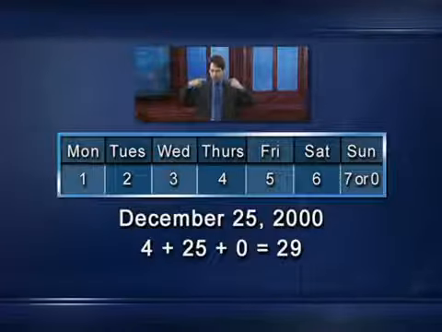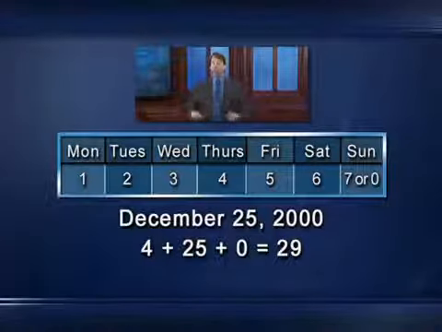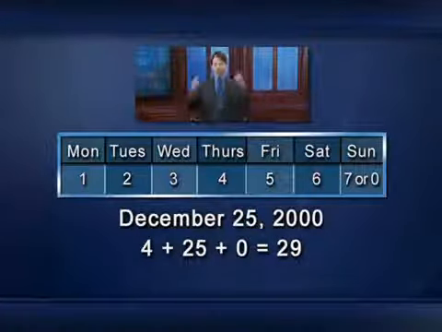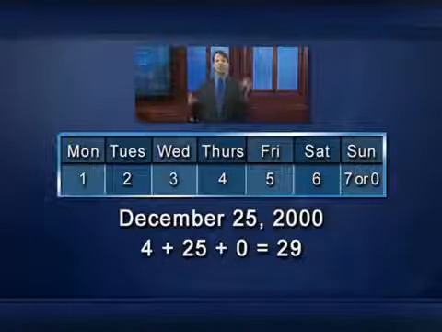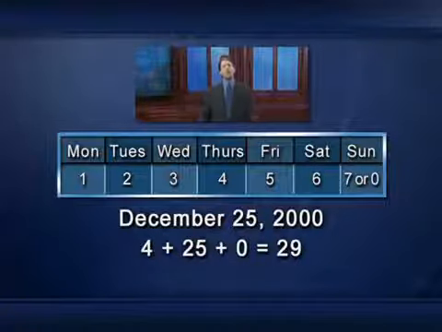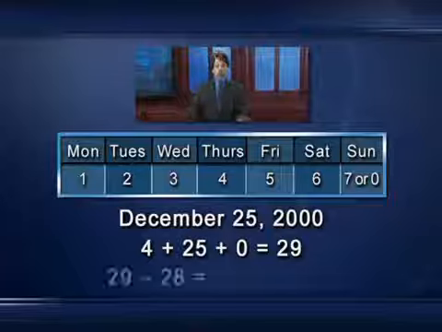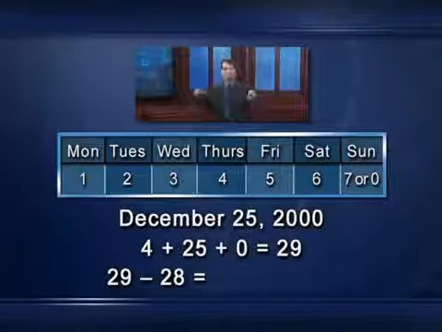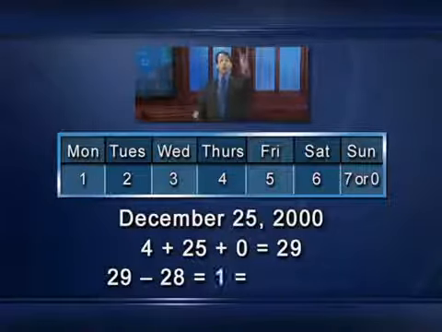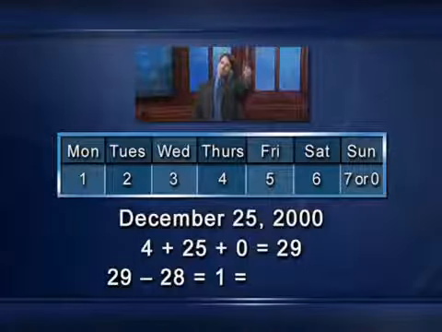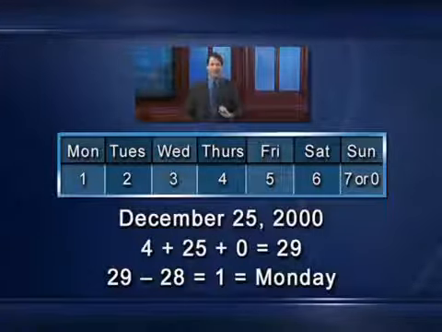Let's subtract the biggest multiple of 7 to make it smaller. Right? So what's the biggest multiple of 7 less than 29? That would be the number 28. Okay, so 29 minus 28 is 1, and 1 day is Monday. Okay, you can now figure out the day of the week for 2000. Good. The hard part is over.